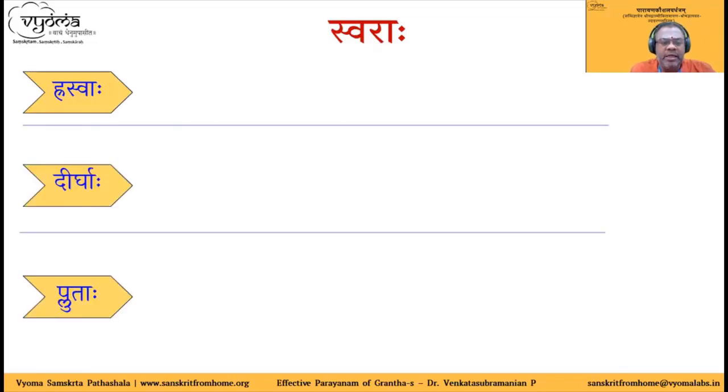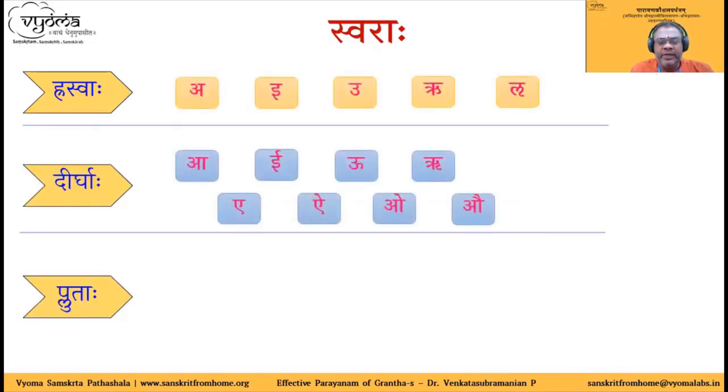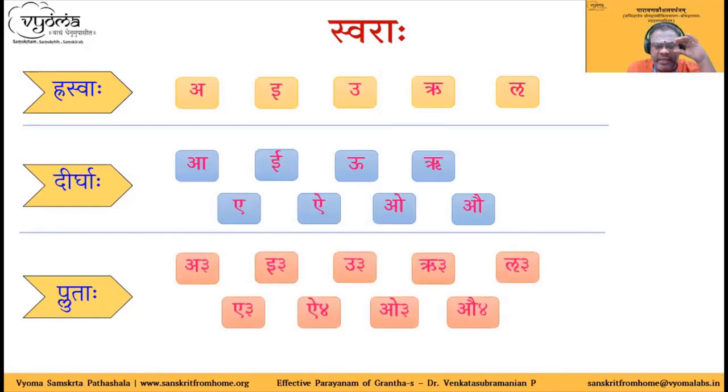Now, hrasvaswara, dirghaswara, we saw three tiers at the time. The first base sounds, which take only one matra for pronunciation: a, i, u, r, l. Then e, ai, o, au take two matras.